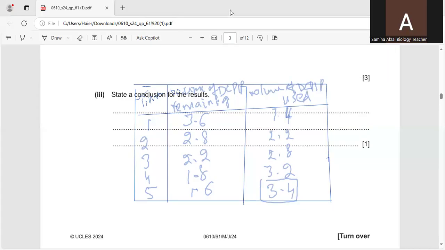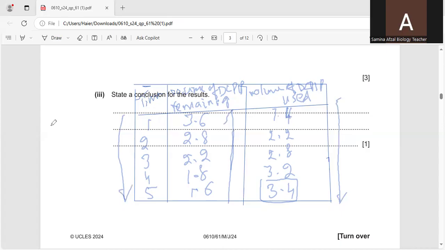The next question is to state a conclusion for the results. You can see, students, in this case, as time is increasing in the downward direction, the volume of DCPIP used is also increasing, and the volume which remained behind is decreasing.